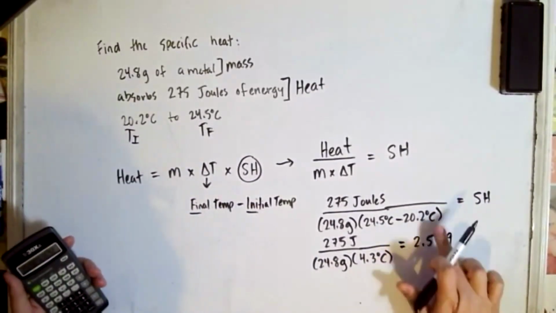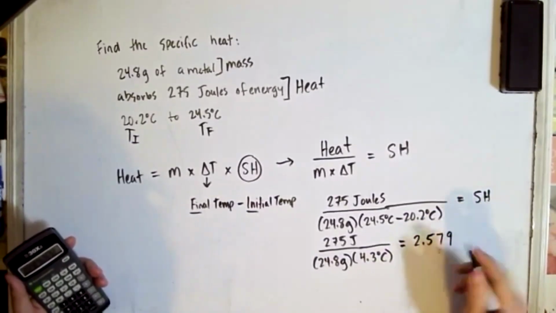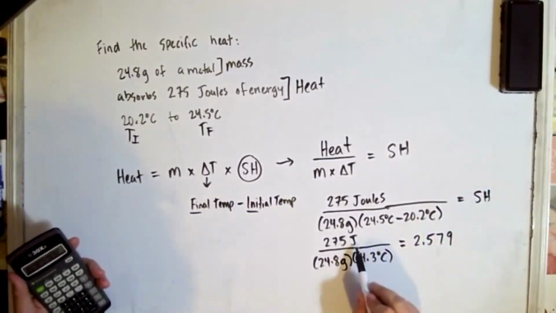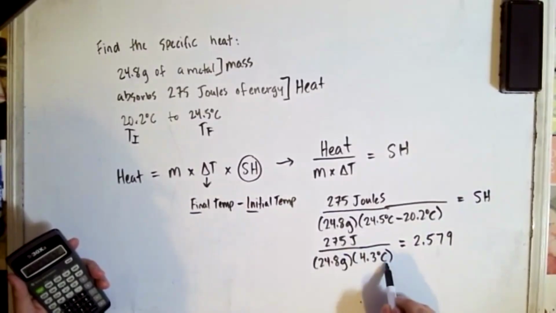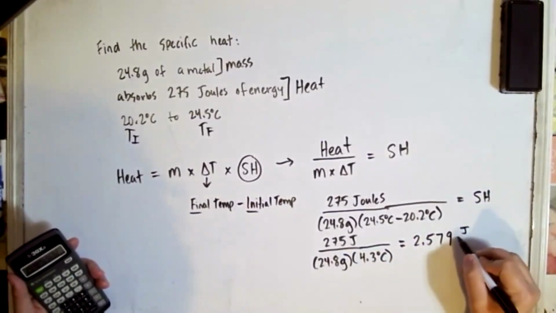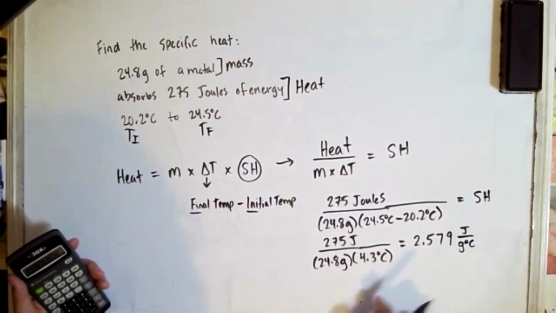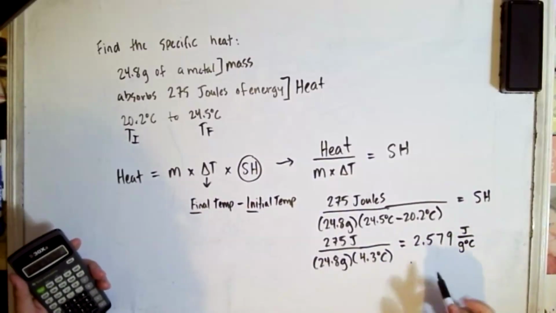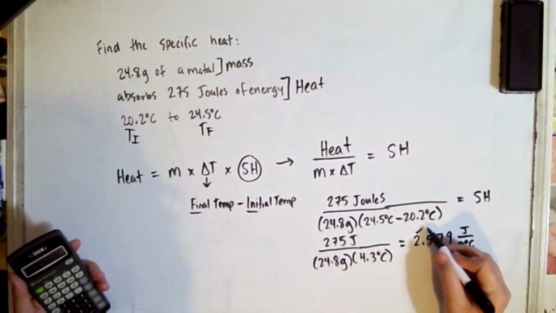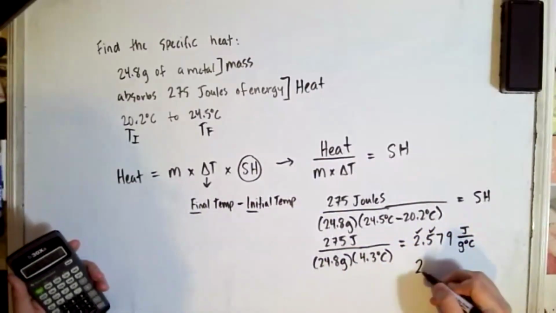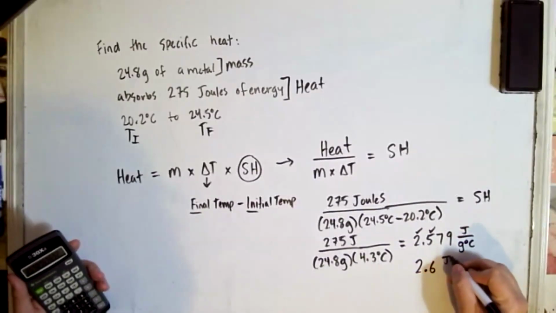The units here stay exactly as they are in the calculation. You have joules on top, and then a fraction bar, and then grams and degrees Celsius down here. Okay. But we're going to round this to 2 significant figures because the 4.3 has 2 significant figures. The other 2 numbers have 3 significant figures. So we're going to keep these 2, and we'll round that to 2.6 joules over grams degrees Celsius.